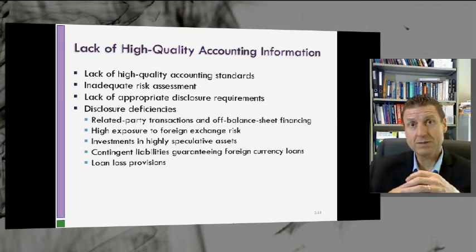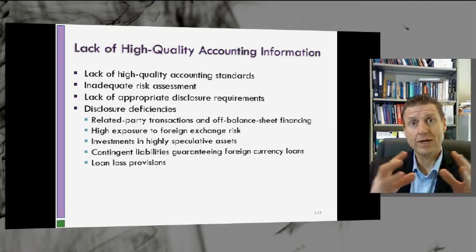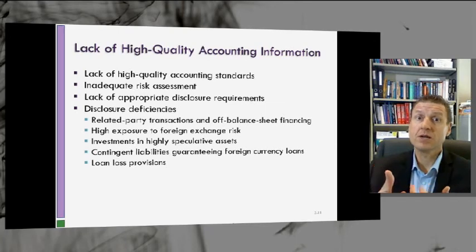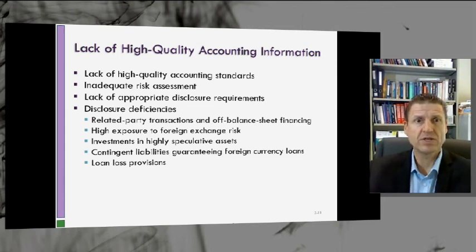But as you can see in this PowerPoint before you, there's a lack of high quality accounting standards in most countries around the world, inadequate risk assessment, a lack of appropriate disclosure requirements, and various disclosure deficiencies, as I explained, because of the different levels of quality in corporate governance. There's a high exposure to foreign exchange risk, related party transactions, investments in highly speculative assets, contingent liabilities guaranteeing foreign currency loans, and loan loss provisions.